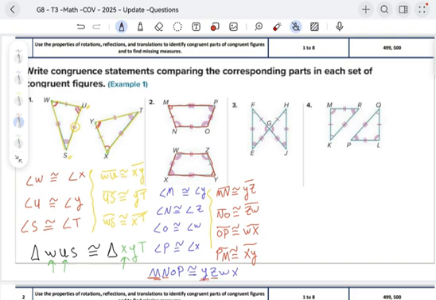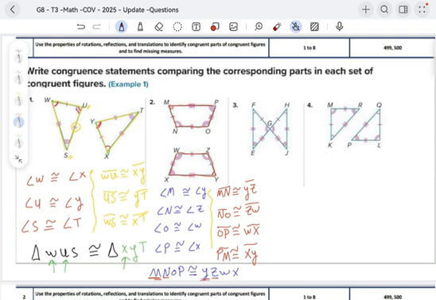For question number 3 and 4, we have to do the same. I will write the final answer. Like here we have triangle KMR is congruent to triangle QLP. And from this statement we can find all the other corresponding sides.